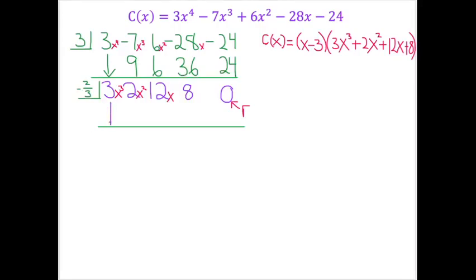So we're going to bring down 3. Then I multiply diagonally. 3 times negative 2/3 is negative 2.